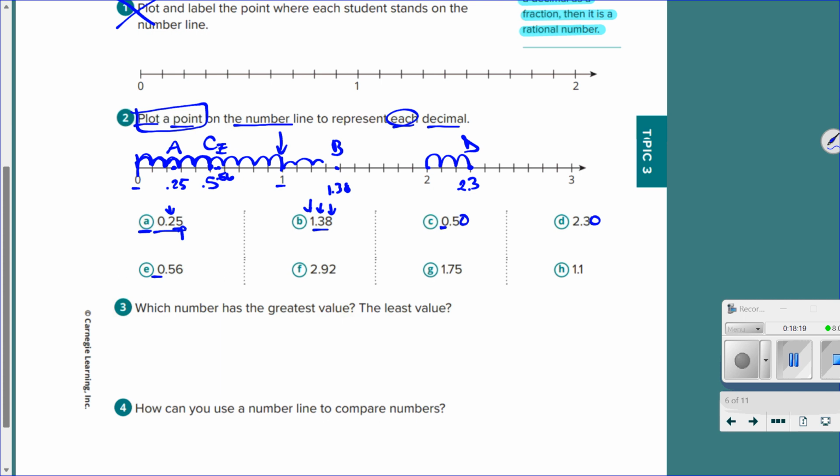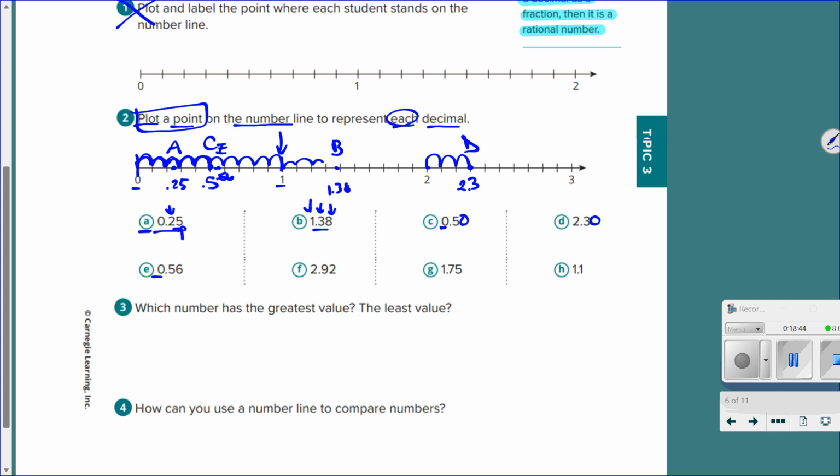Yes, it's a little further than halfway between 50 cents and 60 cents. Since the 5 is in the tenths place, what does 5/10 represent? 5/10 is 50, right? So it's between 50 and 60. Makes sense?